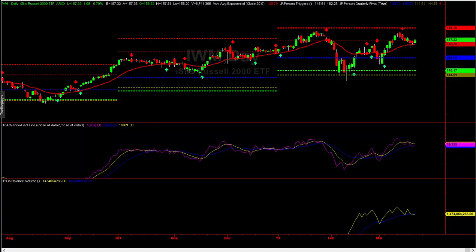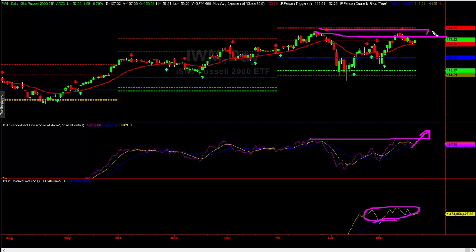It's not available on Thinkorswim yet, but many of you have looked at my work and know that the quarterly pivots are something that not a lot of people really know about. But I think we're so close to annual highs of the advance decline, we could get a rip out of here.